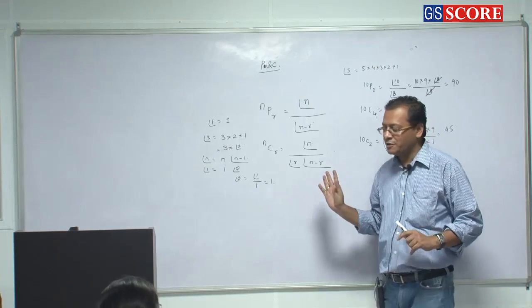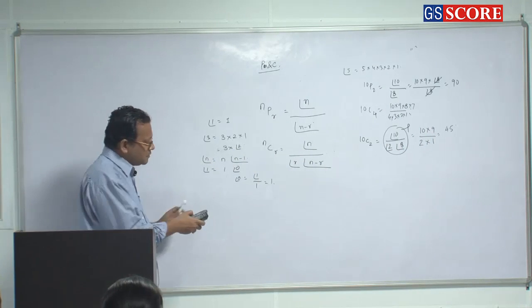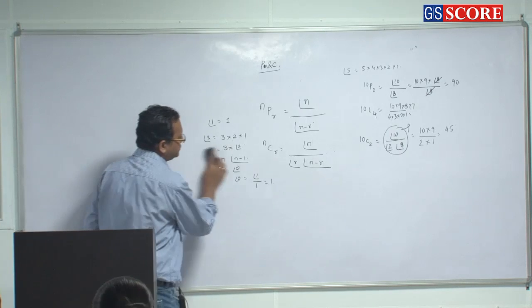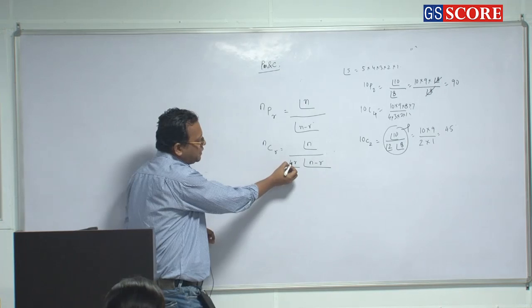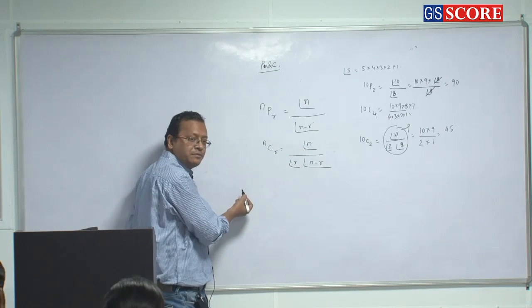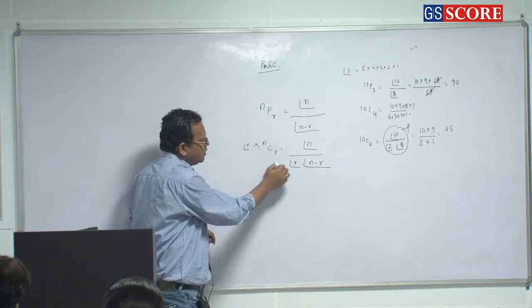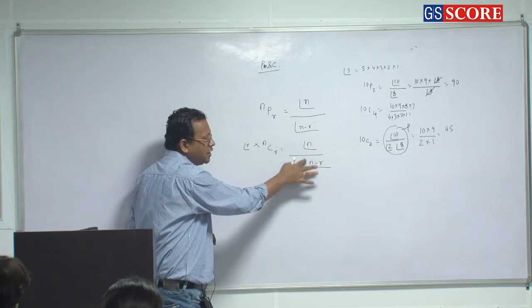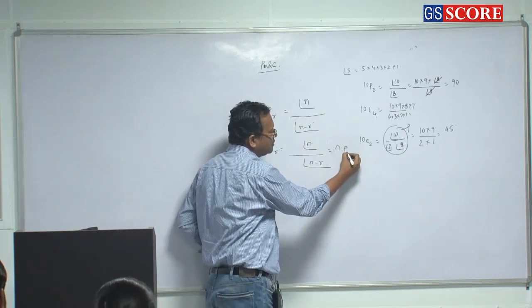One more thing here. From the basic formula, everything becomes clear. Can I rub this one? You are seeing here factorial nCr is equal to factorial n by factorial r into factorial n minus r. Now if we put factorial r multiplication this side, what is this? Factorial n by factorial n minus r. What is this? nPr.